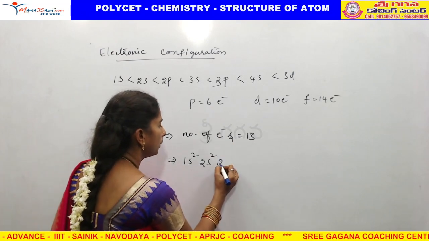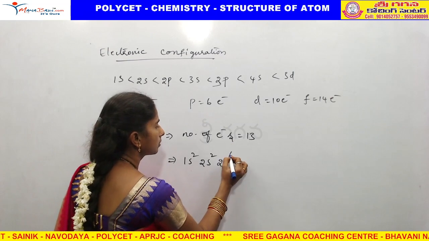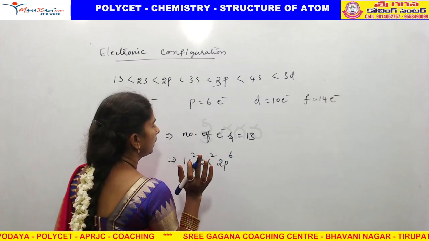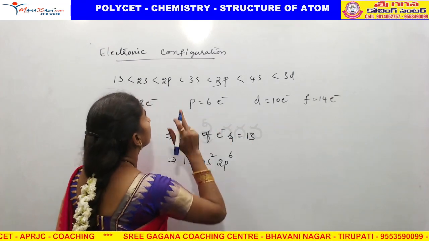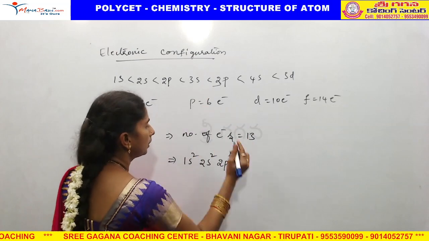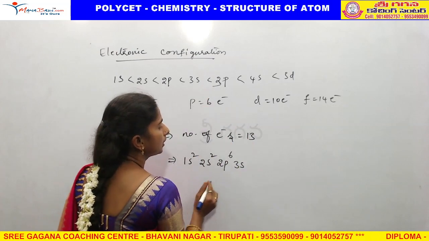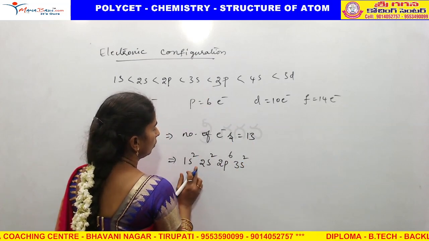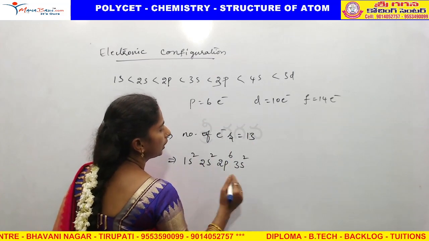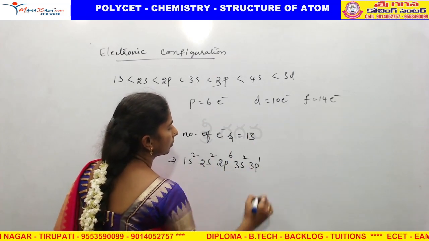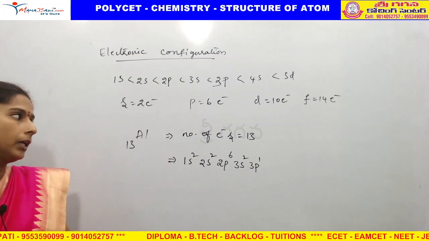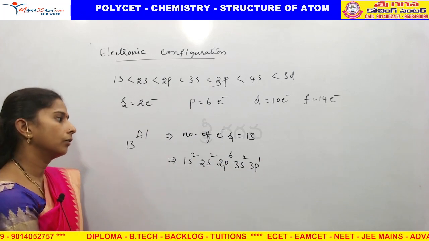After that 2p, maximum 6. 10 are used, 3 remaining. After 2p, they go for 3s, maximum 2. 12 are used, and 1 electron goes to 3p. This is the way to write the electronic configuration.